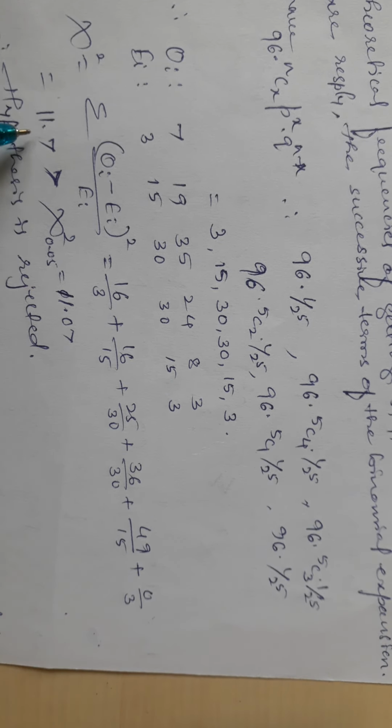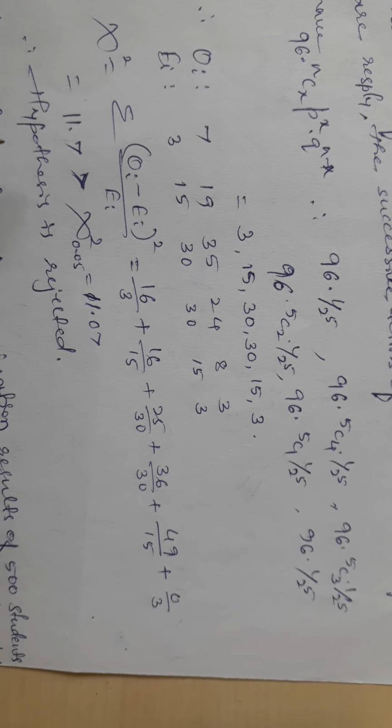By simplifying, we will get 11.7, which is greater than the given value, that is 11.07. Hence the hypothesis is rejected at the 5% level of significance.